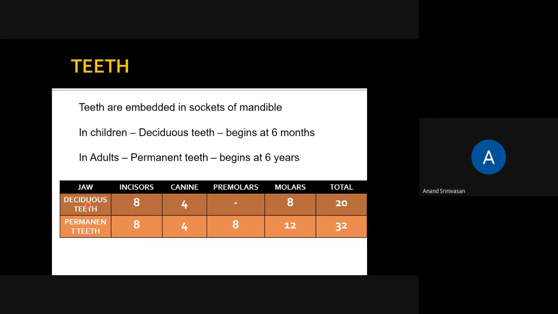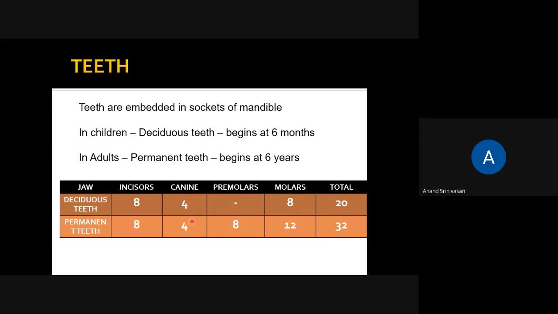In the milk teeth, children have four incisors on each of the upper and lower jaw, so totally eight. Two canines on the upper and lower jaw, so totally four. There are no premolars. Four molars on the upper and lower jaw, so total eight. If you calculate all these, there will be 20 teeth in children.